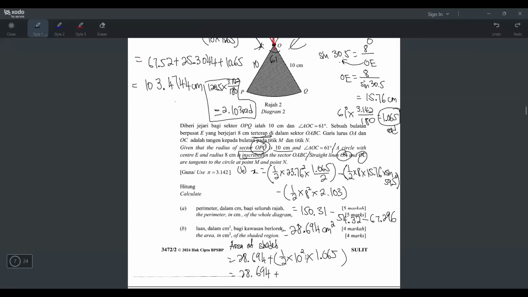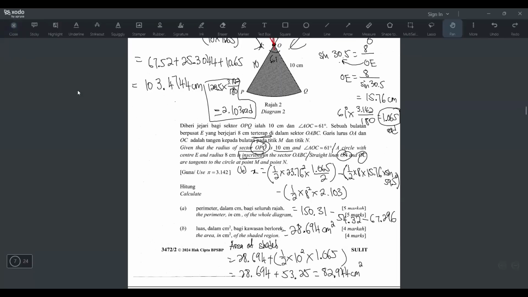Okay, now I have to press this. So just press in your calculator. Okay, I got 53.25. So now you plus these two numbers together, and then you will get the final answer. Okay, 82.944. Okay, 82.944. So don't forget to write cm squared because this is area. So yeah, that's all. That's the answer. Okay, done.